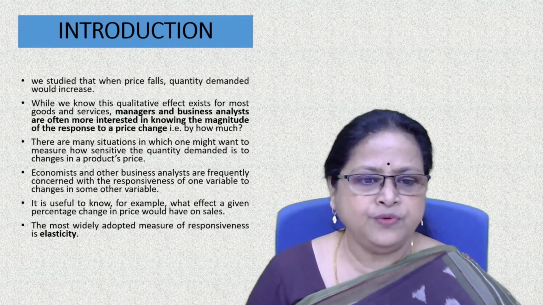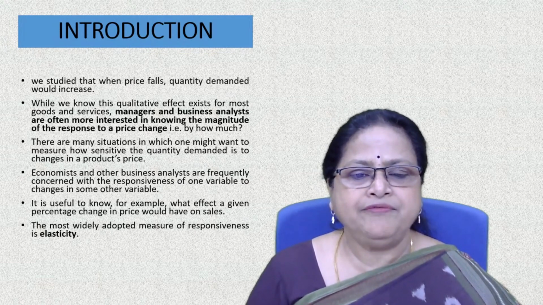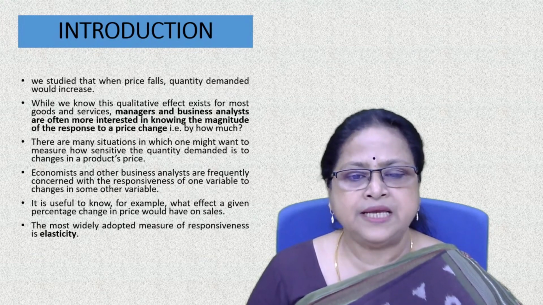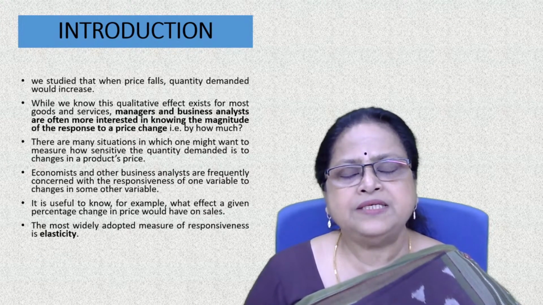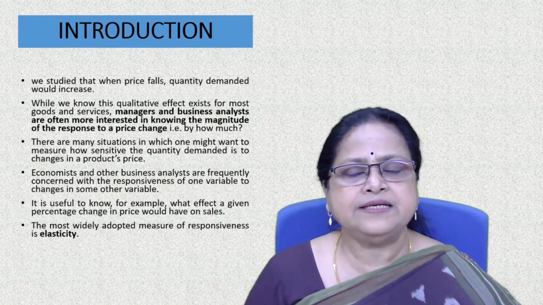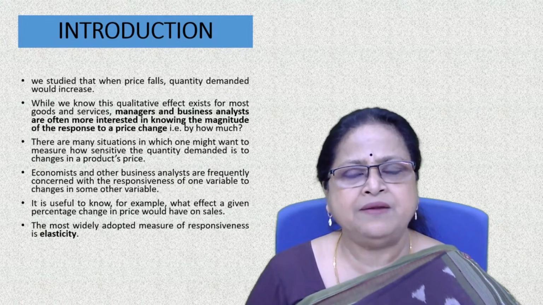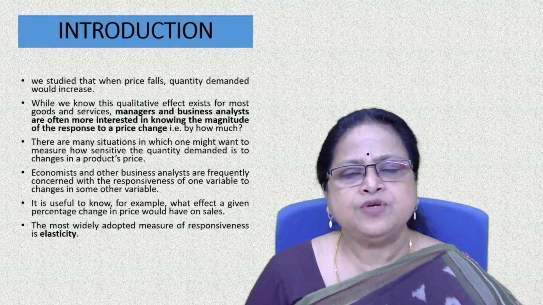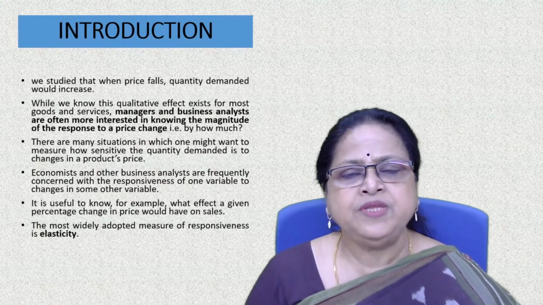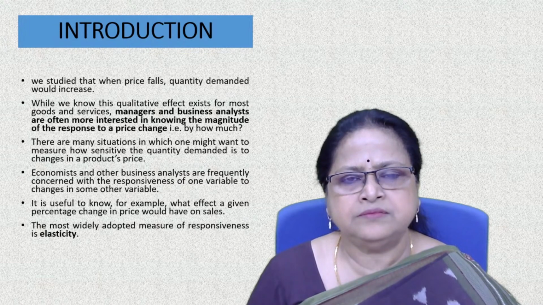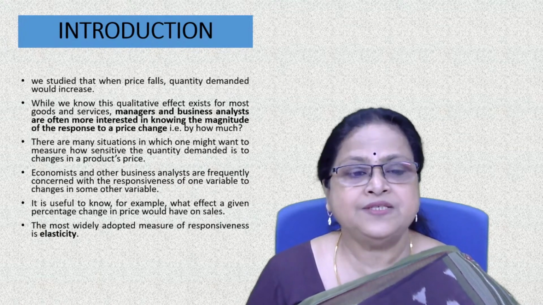So it is useful to know, for example, what effect a given percentage change in price would have on sales. As you know, managers and managerial economists are interested in sales of a particular product, that is price multiplied by quantity demanded. So the amount of quantity sold has a very important influence on their decision making.